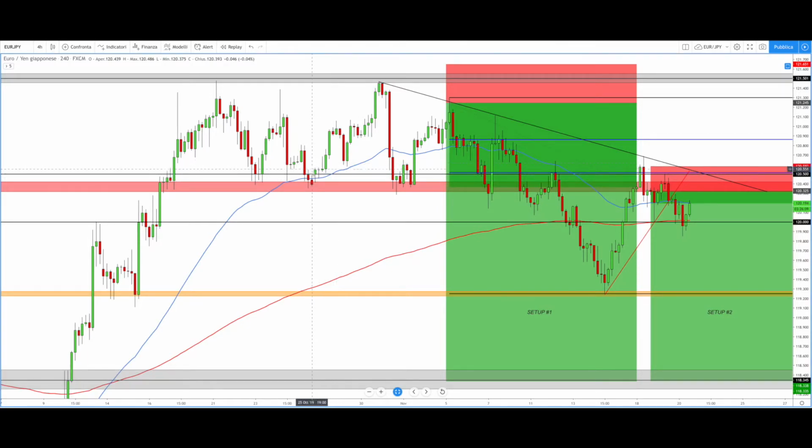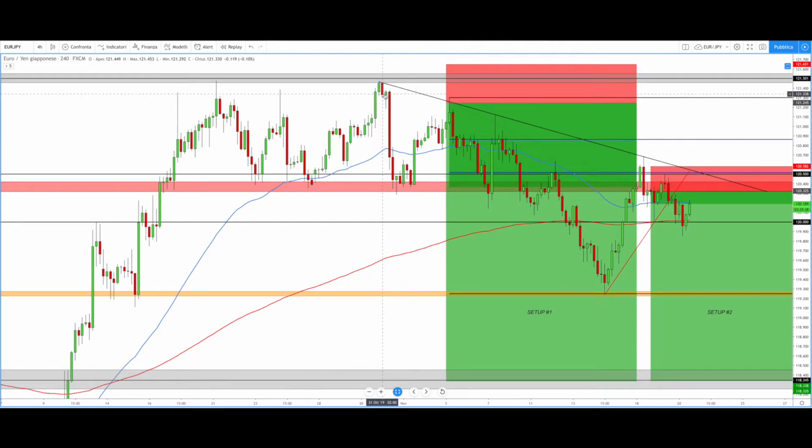But we can see here that the next week the price opened just above this key level, and this opening gave the price the strength to start a new, strong bullish movement, that brought the price to almost touch again 121.50, but we can see again that the price failed to go higher and formed this bearish engulfing candle that for me was a massive bearish signal.